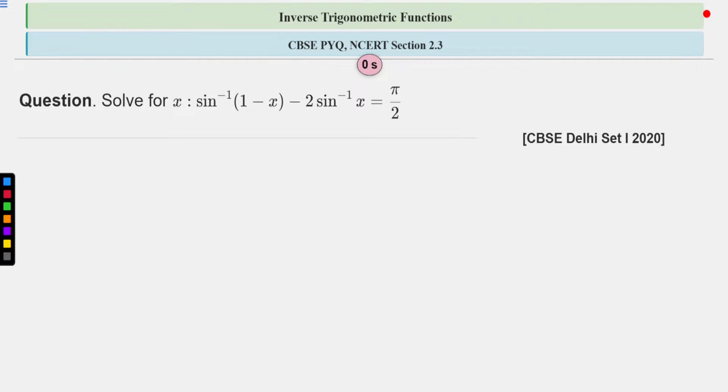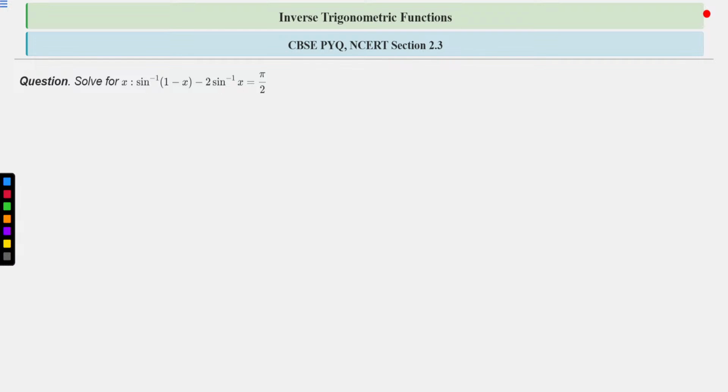Okay, let us move to the solution part. Sine inverse of 1 minus x minus 2 sine inverse x is equal to pi by 2. It is given, right?